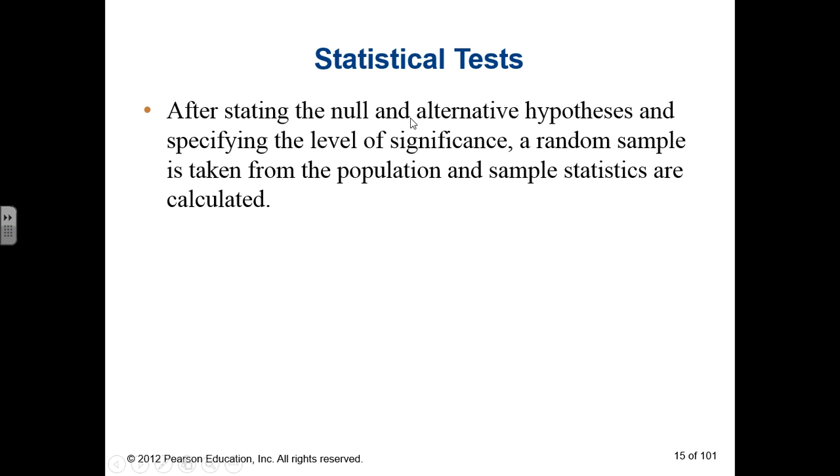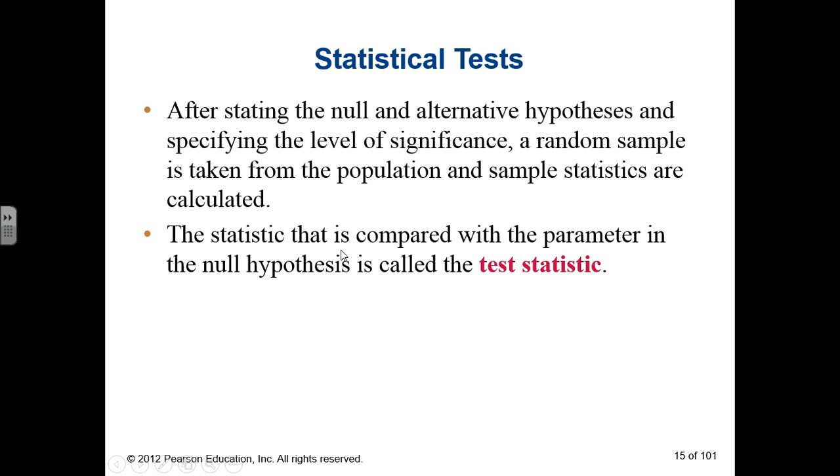So after we have the null and alternative hypothesis and we have specified the level of significance, we go out and take a random sample, and sample statistics are calculated. These statistics are used to calculate what's known as the test statistic.